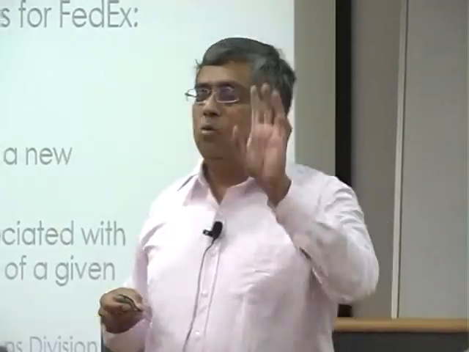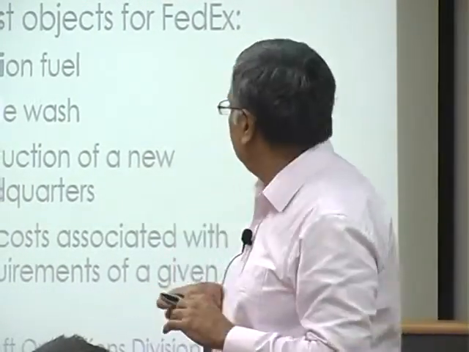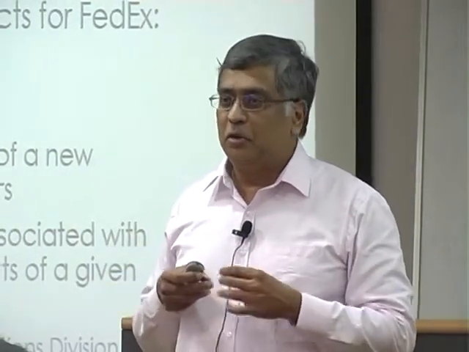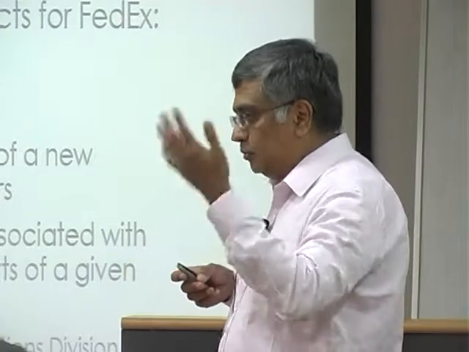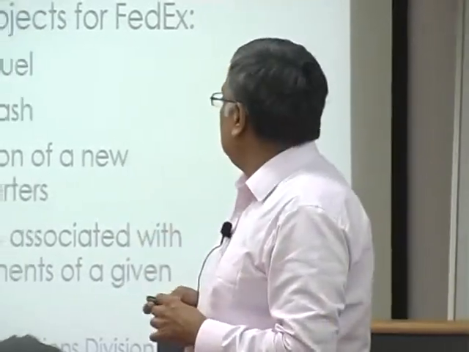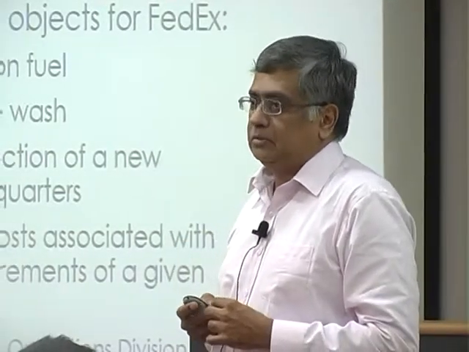So I'm going to take one company, which is Federal Express. It's a transportation company. Actually, they call themselves the supply chain company. I think they'll be offended if we call them transportation company, because they're doing much more than transportation. So let's take examples of each of these cost objects. One of the highest expense items for Federal Express is aviation fuel.